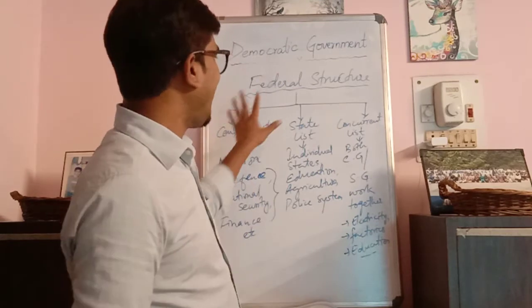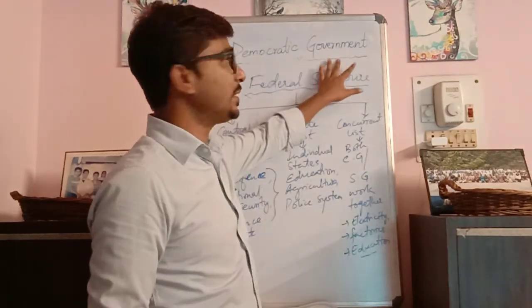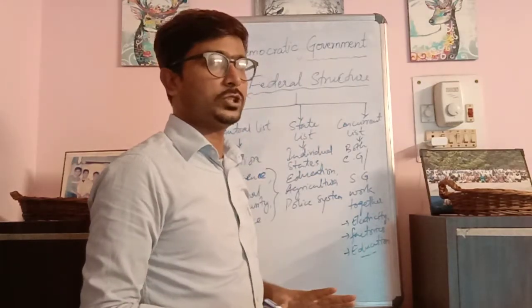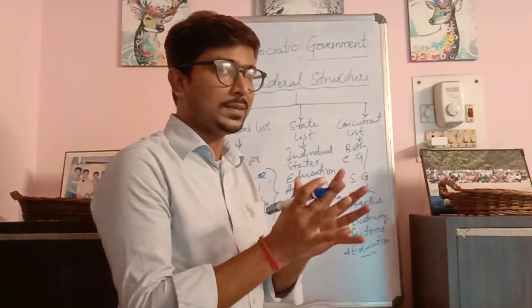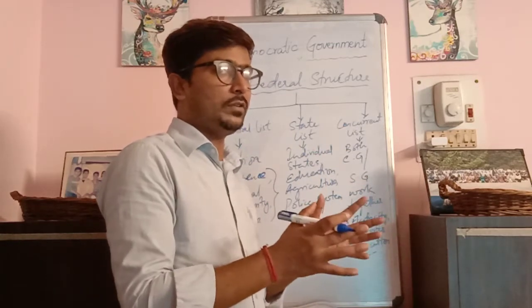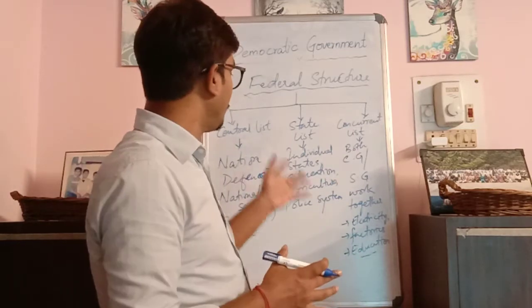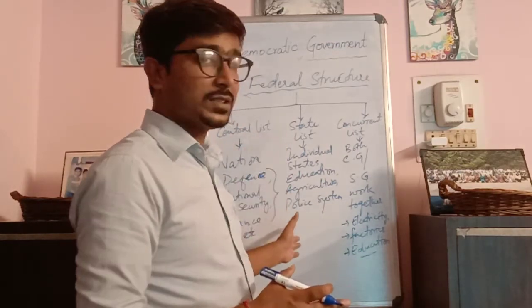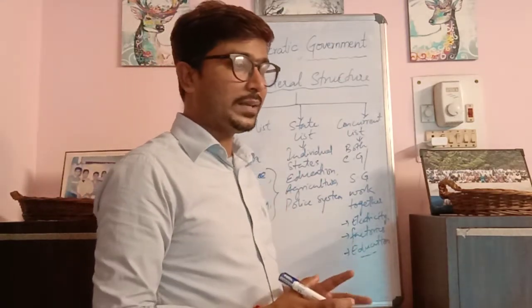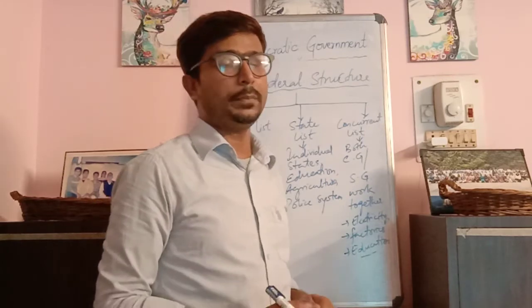So this is how the federal structure under the democratic government system in India functions, where the powers have been divided into three important parts, and each of the three has its own responsibilities to act upon according to the territorial powers that have been given to them, and functions accordingly for the benefit of the people.